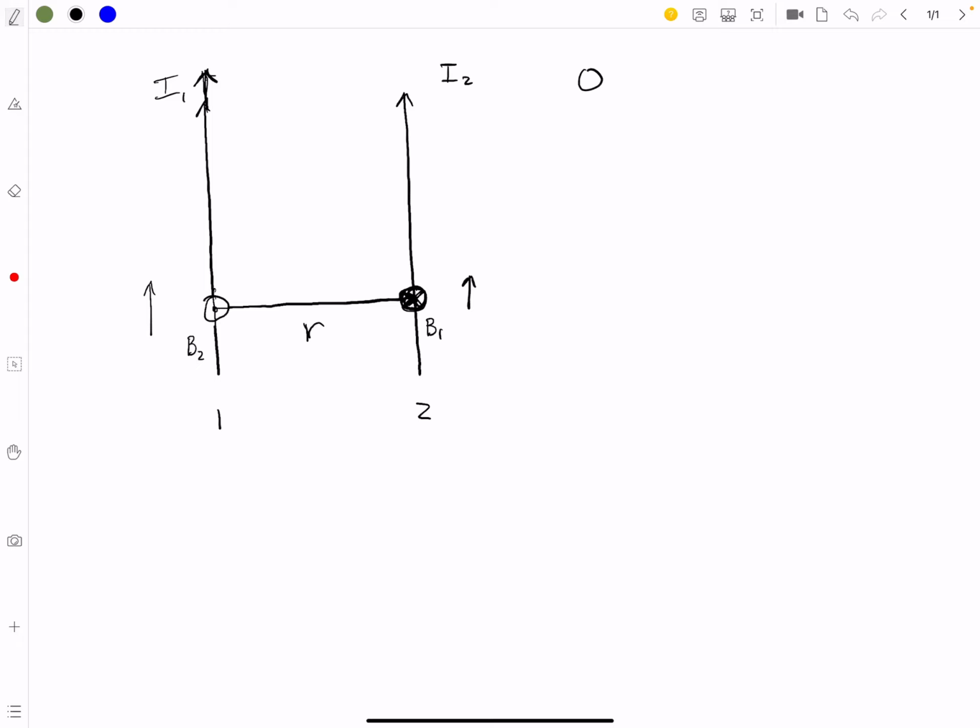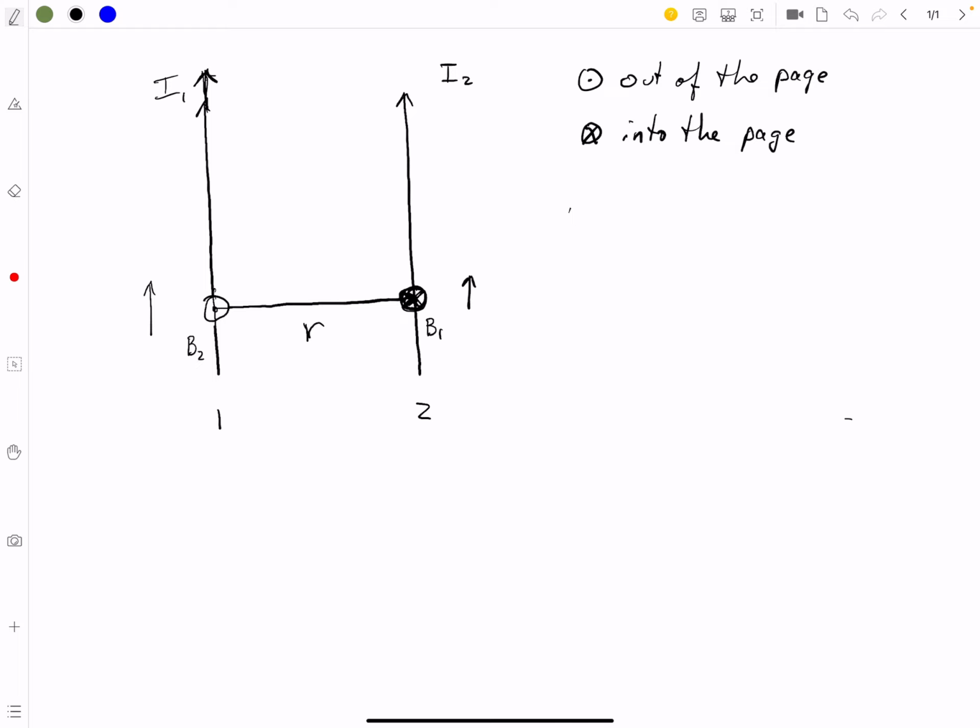Okay, so let's do it. This means out of the page. And this means into the page. All right, just to clarify for me, keep me straight. Okay, so what do we want to do? We want to figure out the force.